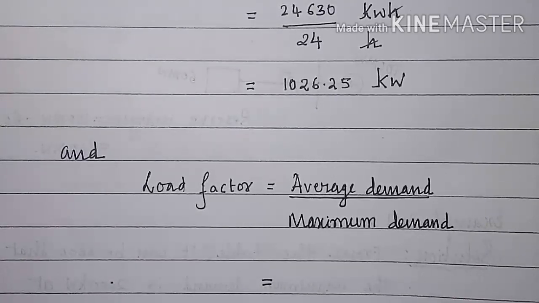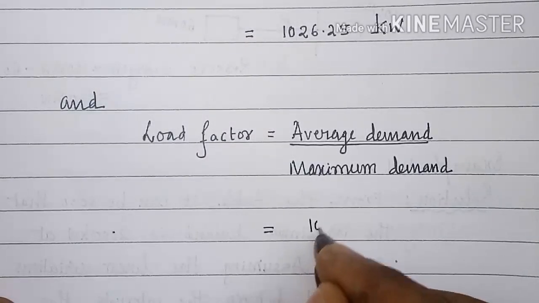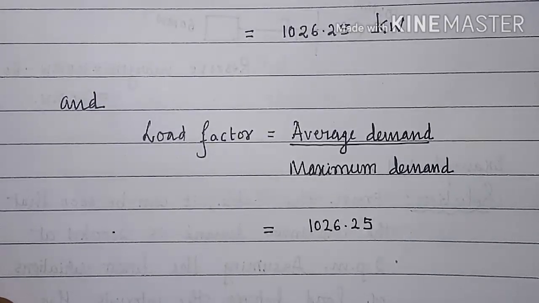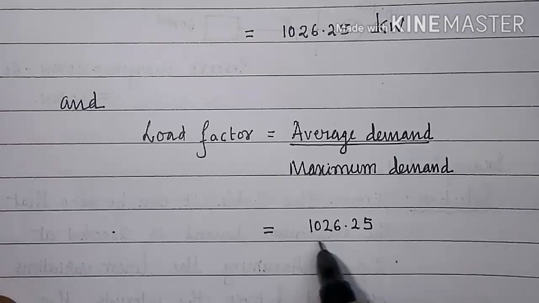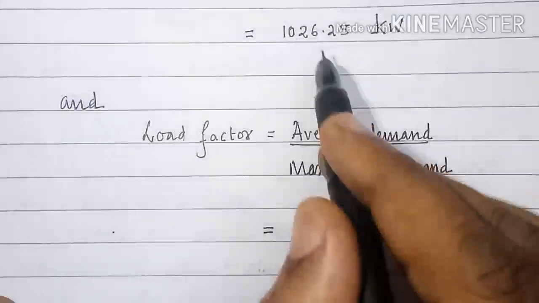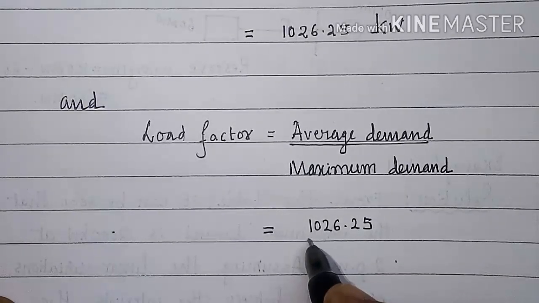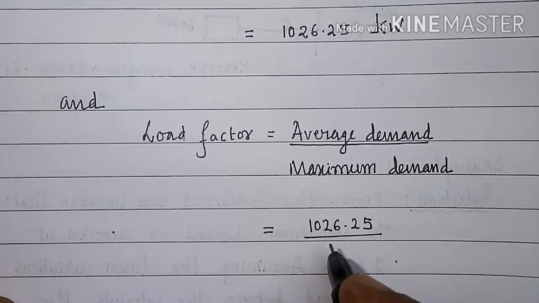By definition, 1026.25 is the average demand; we have calculated it here. Divided by maximum demand. The maximum demand is 2000 kilowatt.